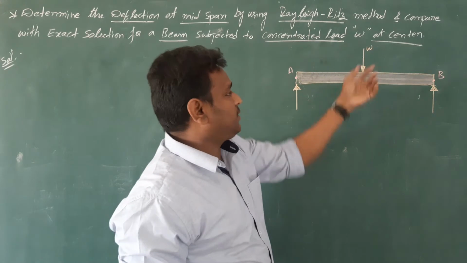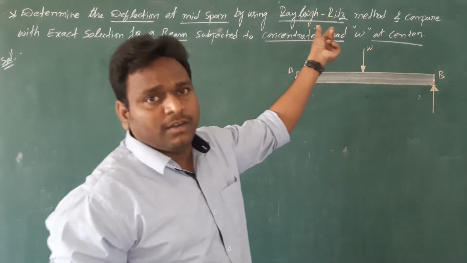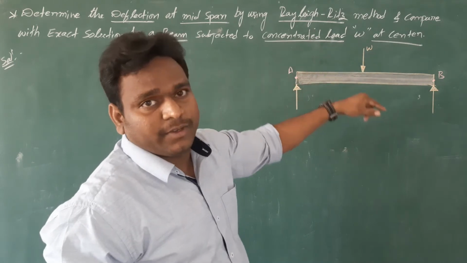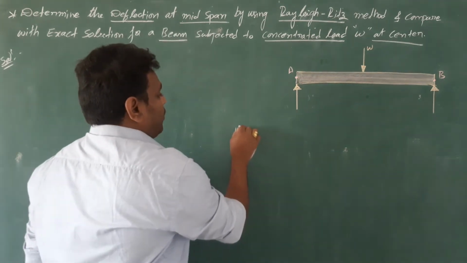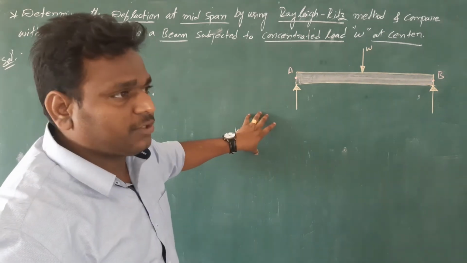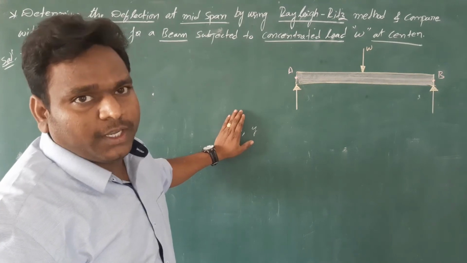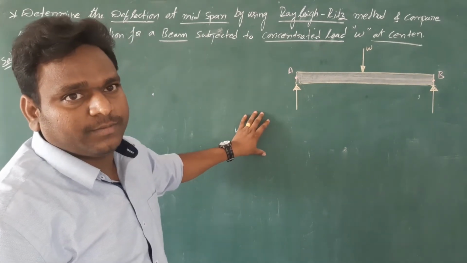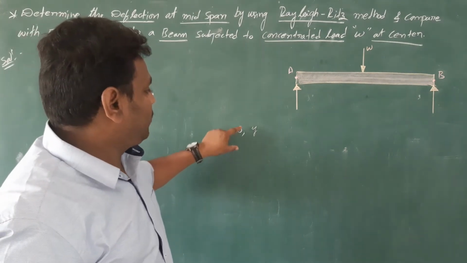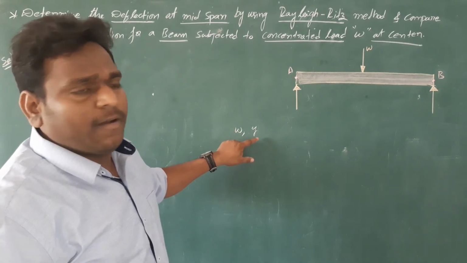We know very well that if the load increases, deflection also increases. This Rayleigh-Ritz method is also used to determine the relation between W and deflection in beams. If W increases, deflection increases. If W, that is load, decreases, deflection also decreases. If the load W is 0, deflection is also 0.